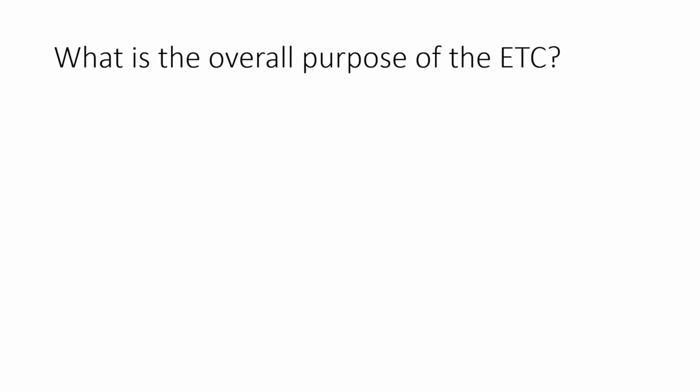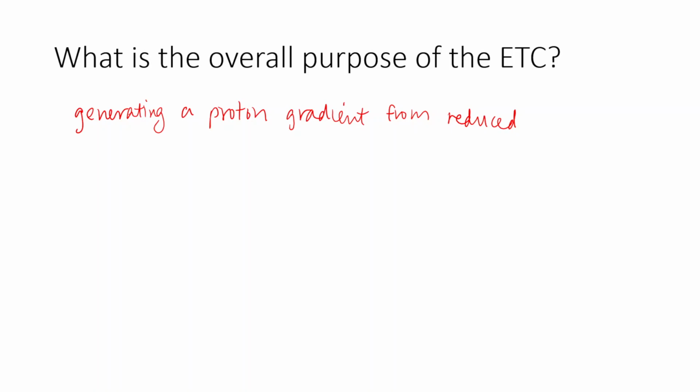So, let us begin with just what is the overall purpose of the electron transport chain? Yeah, exactly. So we are generating a proton gradient from our reduced electron carriers.